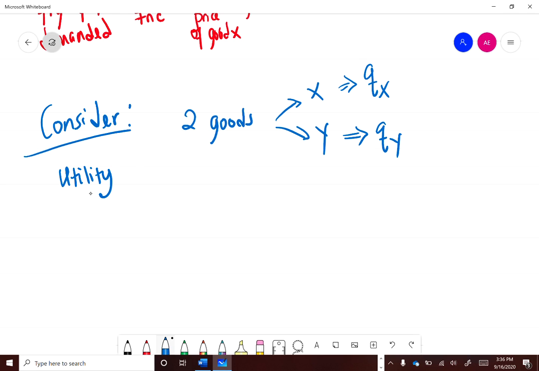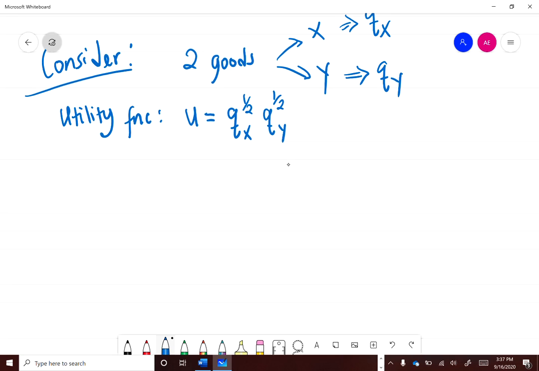So we need that utility function, which just tells us how the consumers rank their choices, right? Level of happiness they get from their choices, combination of their choices. Okay, so this utility function u is equal to q sub x to the power of a half and q sub y to the power of a half.